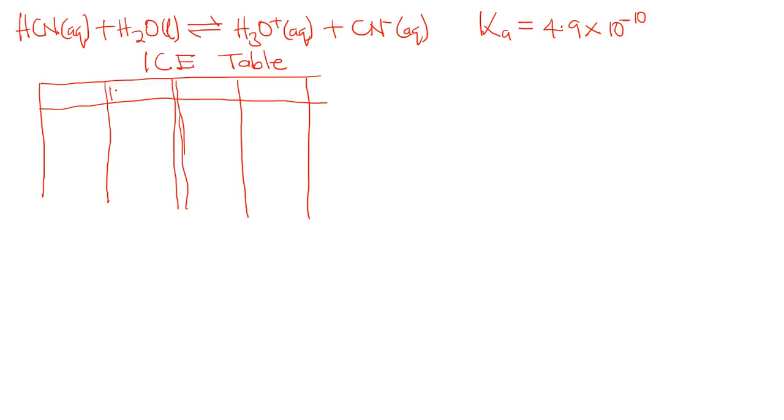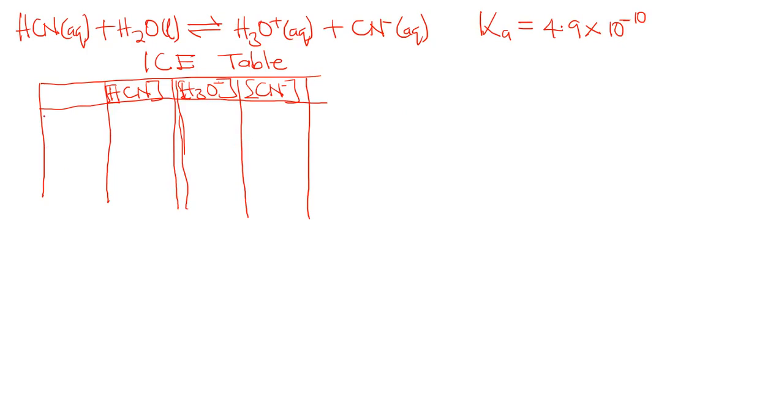Our reactant is HCN. We are not putting water because water is not involved in the equilibrium expression. Then for our products, we have H3O plus, and all these are molar concentrations, and then we have CN minus, also molar concentrations.